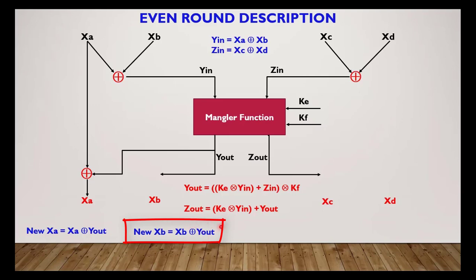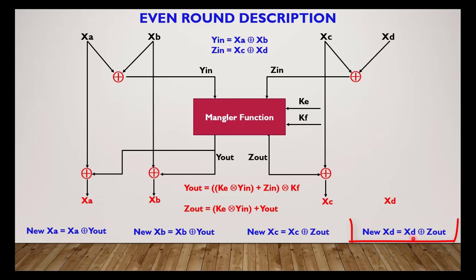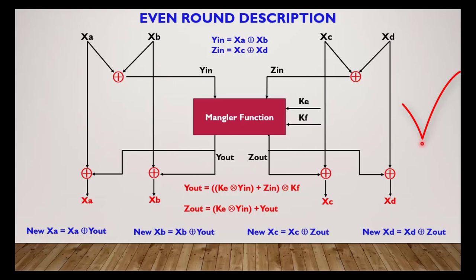Fine. So we have to connect it like this. Similarly, you have new XC, this red colored new XC, it is XC XOR Z out, and we have to connect it like this. And then finally you have a new XD, which is equal to XD XOR Z out. And from this equation you can connect this diagram in this manner. So this is all about the even round description of this IDEA algorithm. This is how it works.